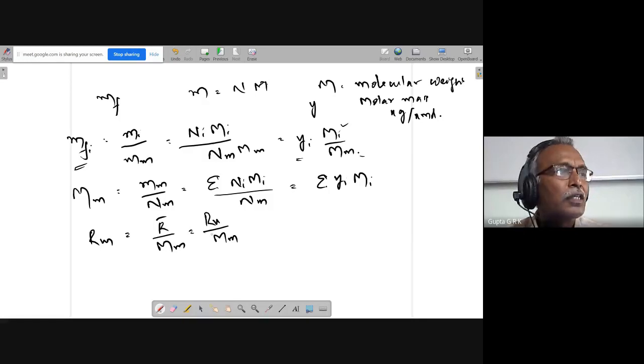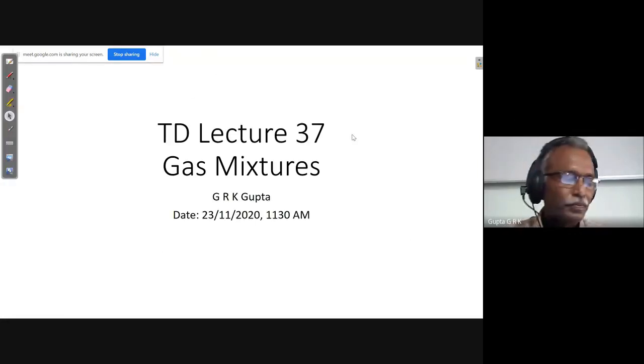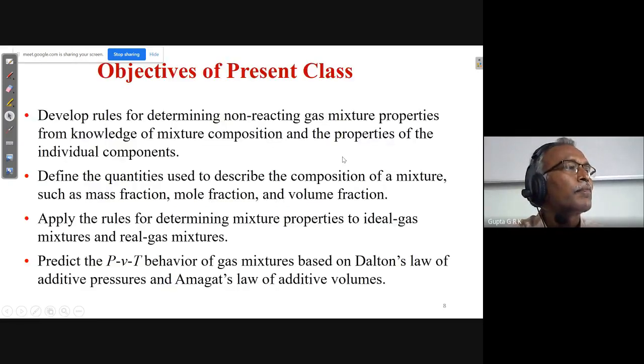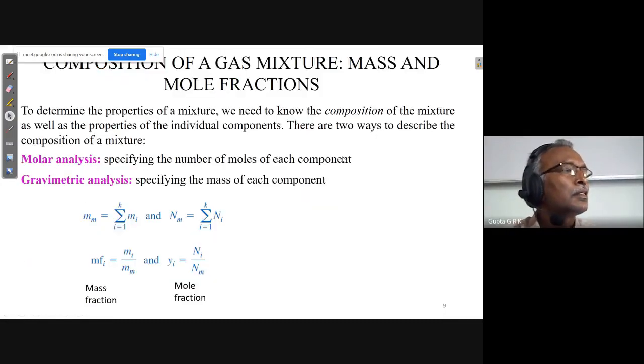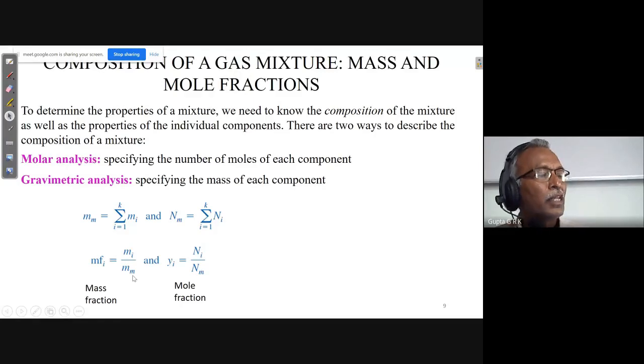Sometimes you can see some problems like this. Mm is equal to sigma mi, nm is equal to sigma ni, mfi is mi by mm, and yi is ni by nm.